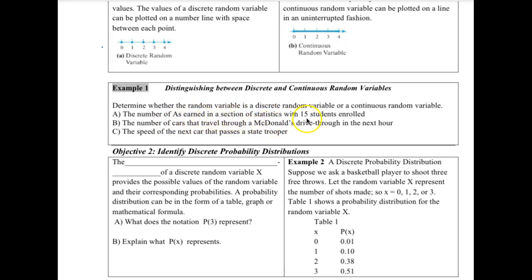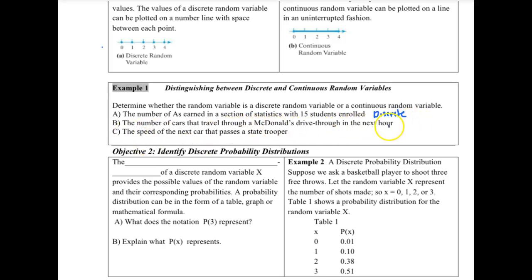So again, what's the probability that 10 students get an A? What's the probability that 3 students do? So I'm asking a probability question with a numerical measure. And so the number of A's earned in the section, in this case, would be discrete, because you can't have 3.5 students.